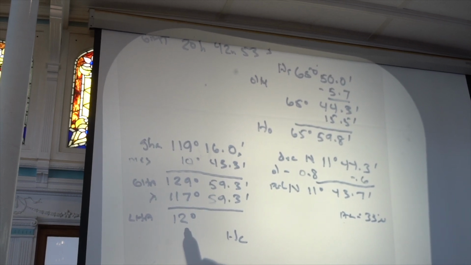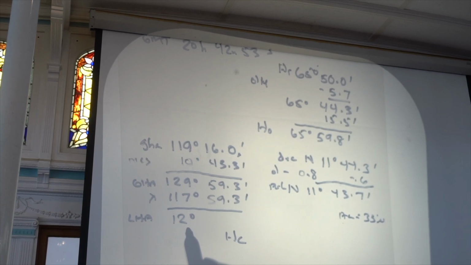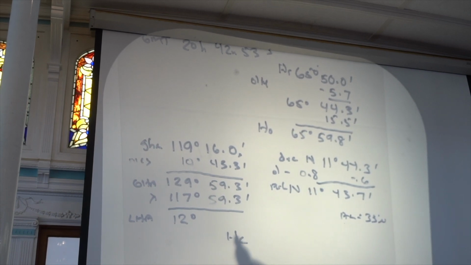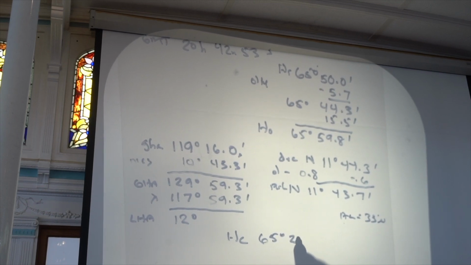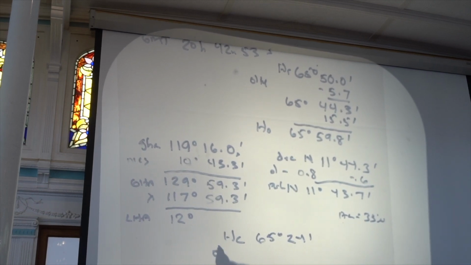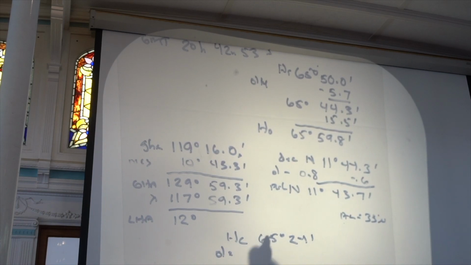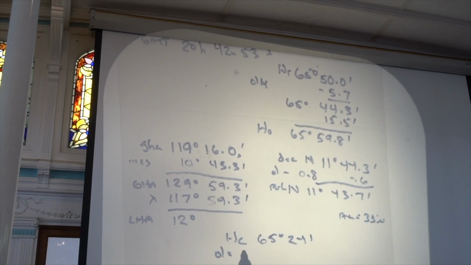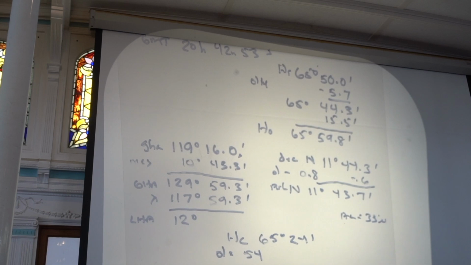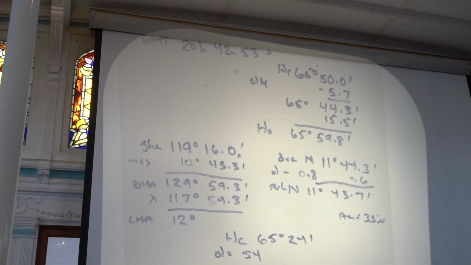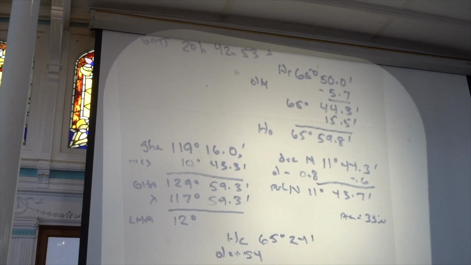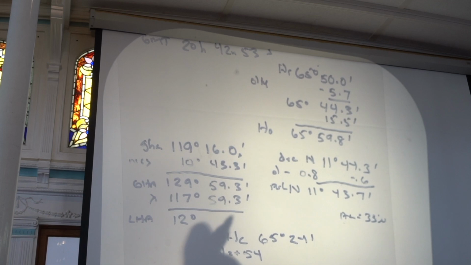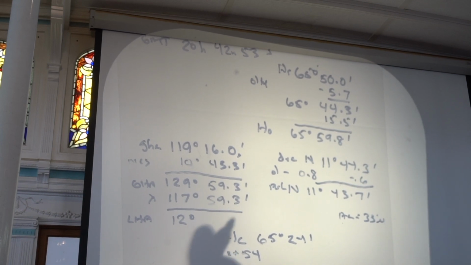And what does that give us? 24 minutes. We have a little D number of what? 54. Each time we jump another whole degree of declination, it's getting positive by that amount, so this is positive 54. And then finally we get a Z number of what? 151 degrees.